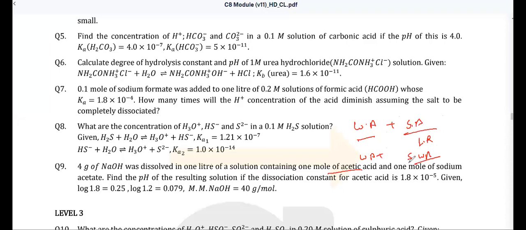Right, everyone? What is this? Is it a buffer? Yes or no?